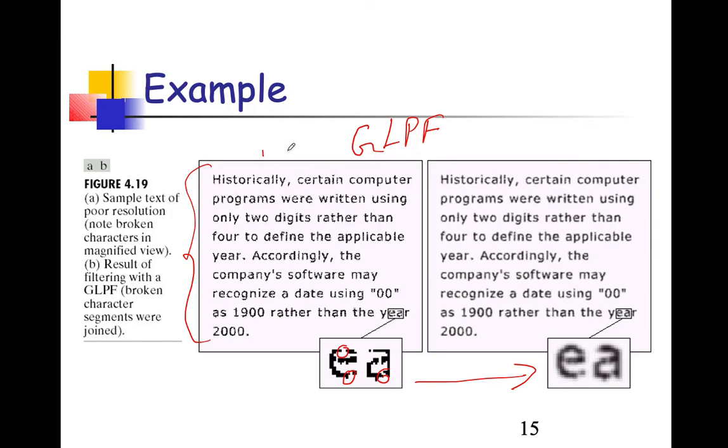Here you can see the difference: this is the input image applied to the Gaussian low pass filter, and this is the outcome. We can see the smoothing of the data, and same here, you can see the smoothing of the letters. This is the result of your Gaussian low pass filter.